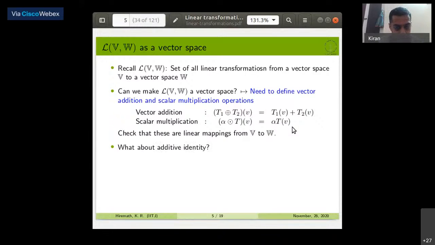And then the important question comes: what about the additive identity? What can be the additive identity here? The zero map, the zero linear transformation. And what is it doing?